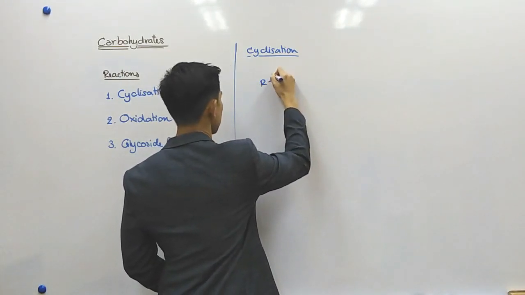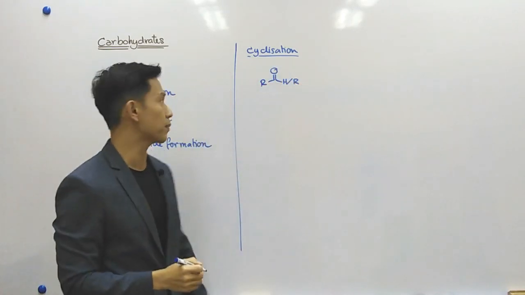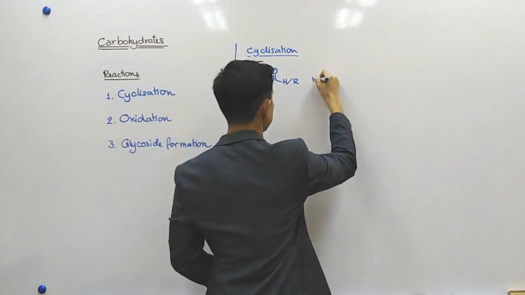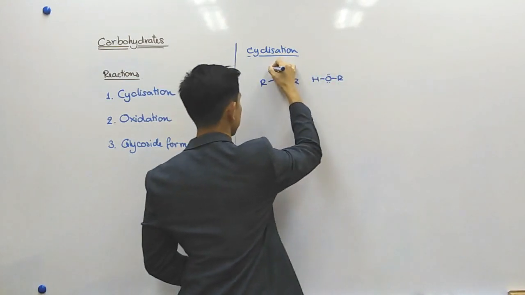You're starting from aldehyde or maybe ketones. It depends on H or R, right? And then you will condense it with alcohol, like this.